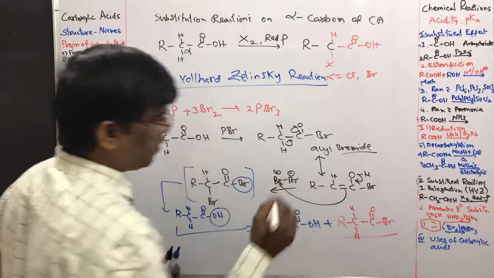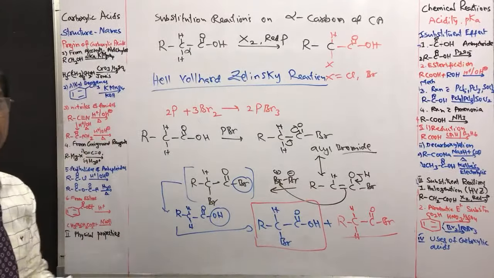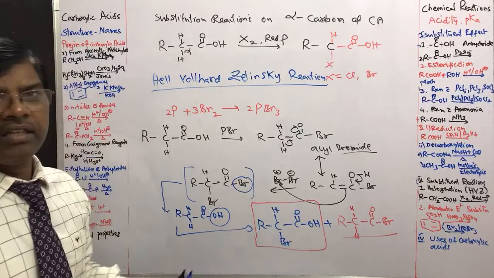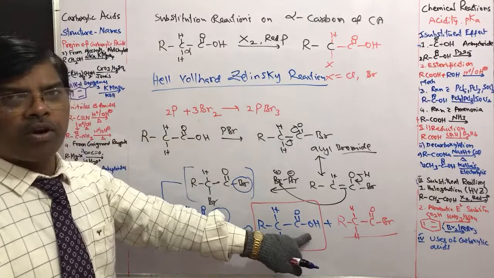So acyl bromide will be formed and the product is alpha halo carboxylic acid, which is the product of the HVZ reaction. So the Hell-Volhard-Zelinsky reaction gives alpha halo carboxylic acids. Next.